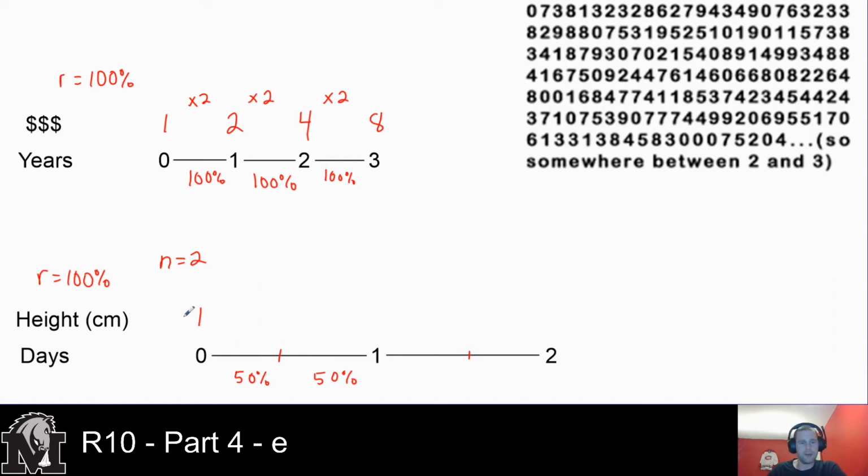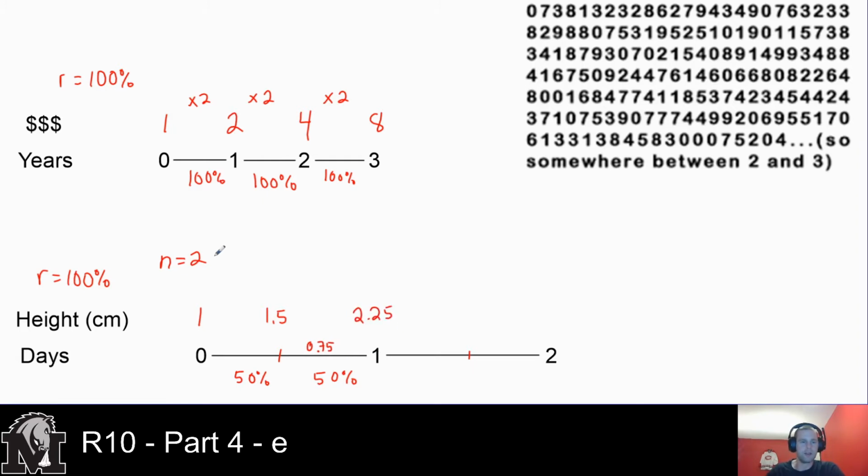So if we have 50% of the height of 1 centimeter, half of 1 is half, so 1 plus our extra half is 1.5. Now I want another 50% growth on this number, so half of 1.5 is 0.75. When I add these two numbers together, I get 2.25.